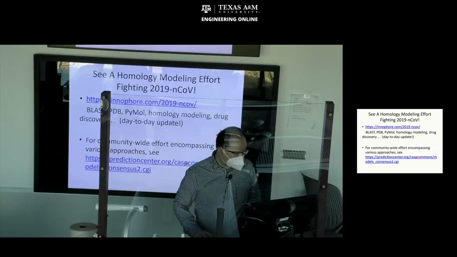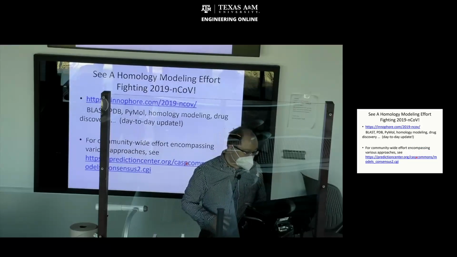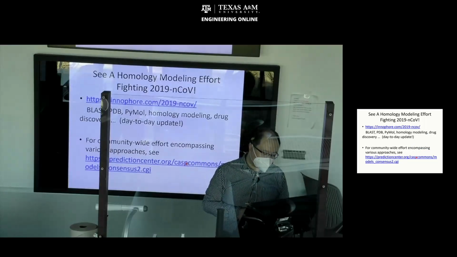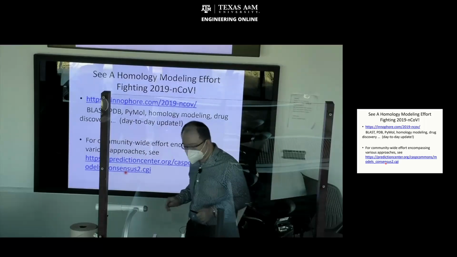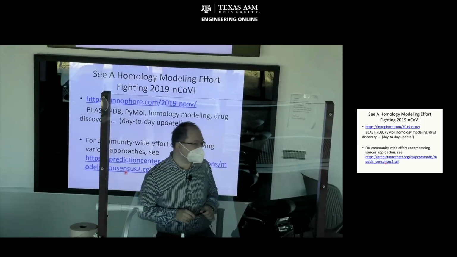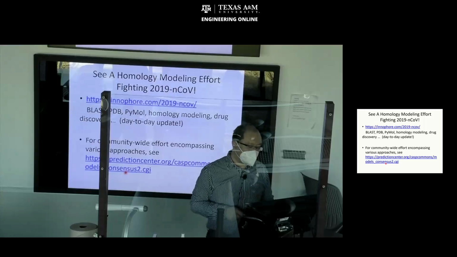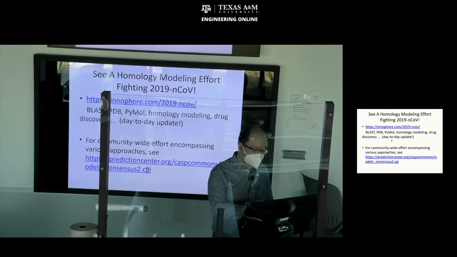So now, there are a lot of structure prediction efforts using homology modeling or beyond, right? For instance, during the outbreak of SARS-CoV-2 in early 2020, a lot of effort was put in, and there's some illustration of using BLAST, using PDB, using PyMOL, using homology modeling, and doing some drug discovery.